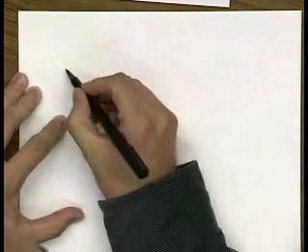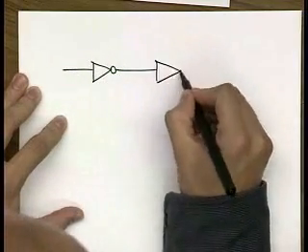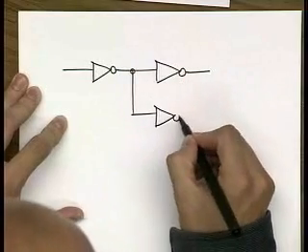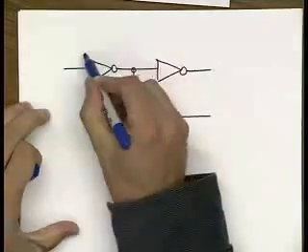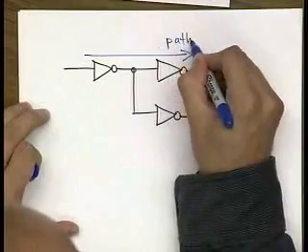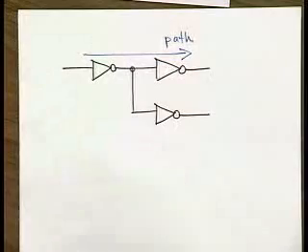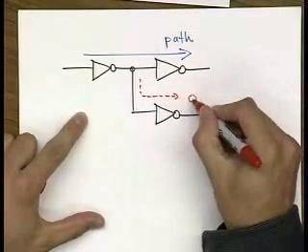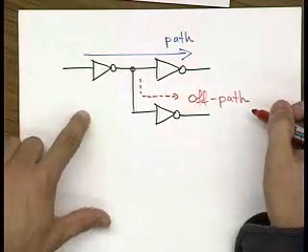So this is the situation that we may encounter. We have an inverter, and let's say that this is our path over here, but we also have some things going off path. Okay?